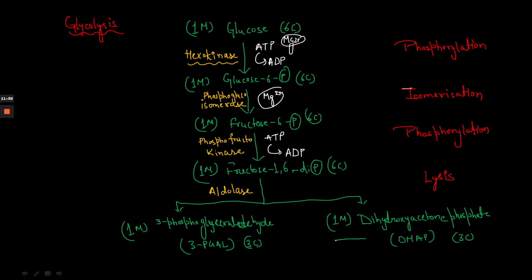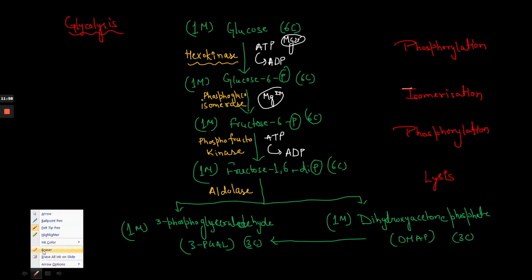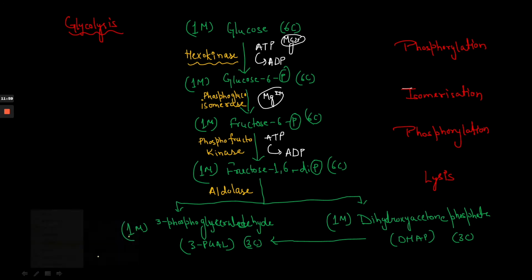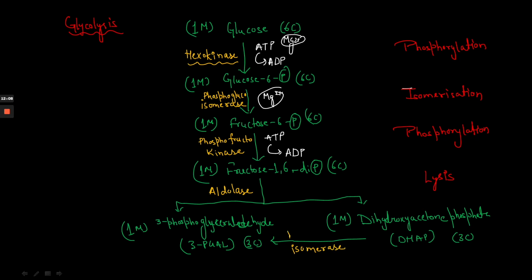So this is going to get converted into 3-PGAL in the presence of an enzyme. Since isomerization is happening, the enzyme must be an isomerase enzyme. Which isomerase enzyme? Phosphotriose isomerase enzyme.